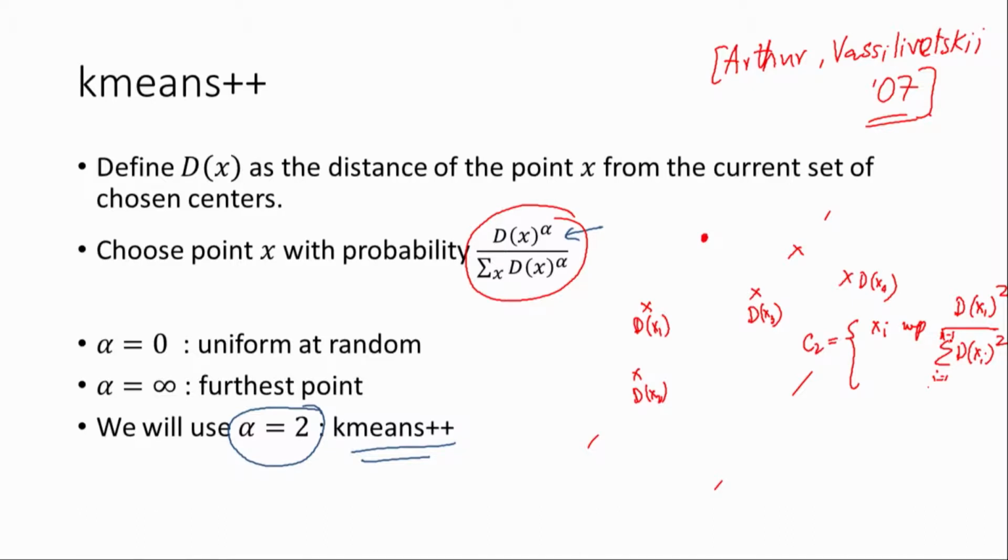By the way, do you know what this kind of random variable is called? If a particular random variable takes value alpha 1 with probability p1, alpha 2 with probability p2, and alpha k with probability pk, what are these random variables called? Discrete random variables. This is a multinomial distribution.